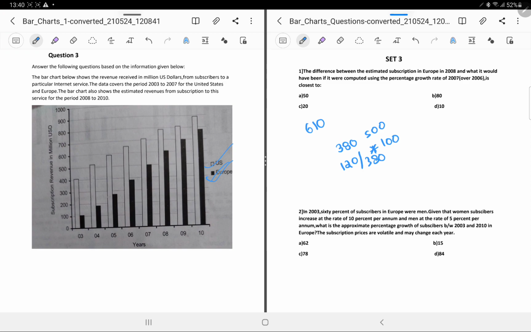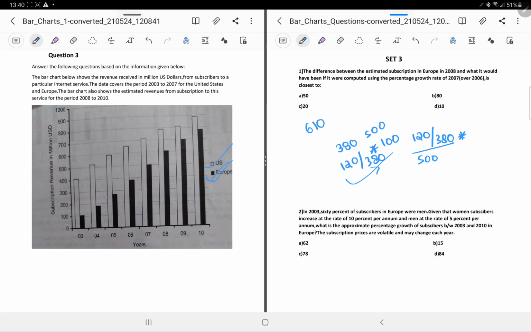Now what they are saying is, if there had been a similar growth percentage over this, this is the percentage we are looking for. So this would be 120 by 380 into 100, the percentage growth.